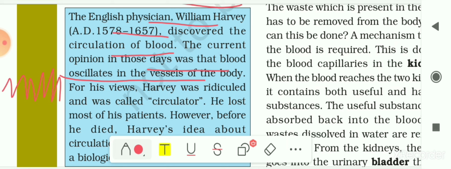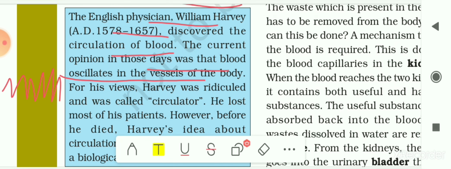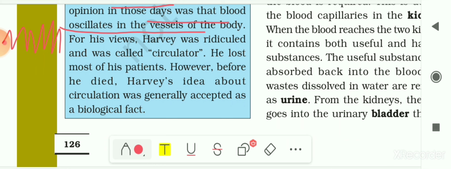During those days, people believed that the blood moved like this in the blood vessels, and for his views, Harvey was ridiculed and called a circulator. People made fun of him and gave him that name. They did not believe him, so he lost most of his patients.